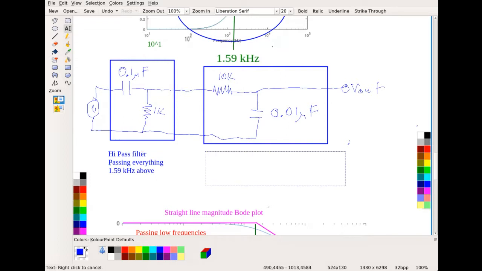And then we've got this one here, which is a low pass, which is passing everything below, and I've got to calculate that. If I did it right, I expect it to be like 150,000. Maybe that was probably too big of a value.